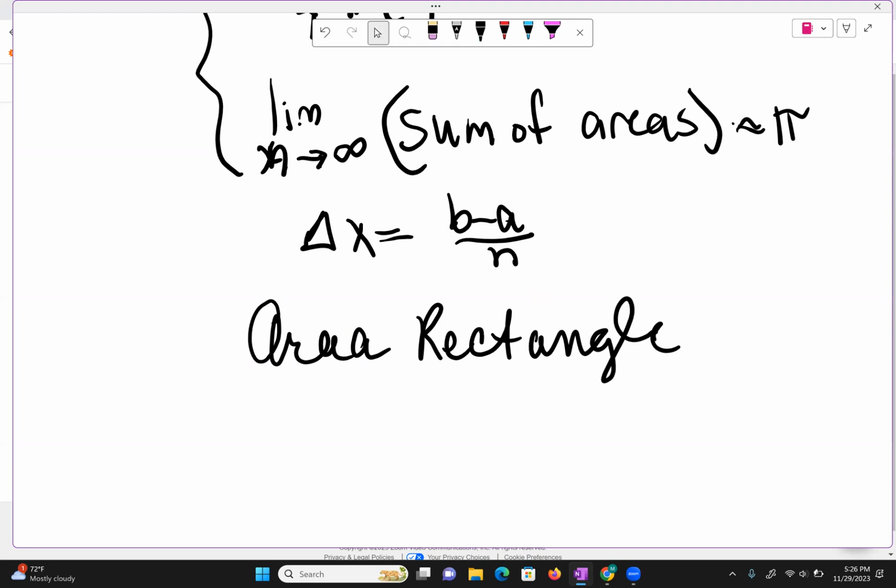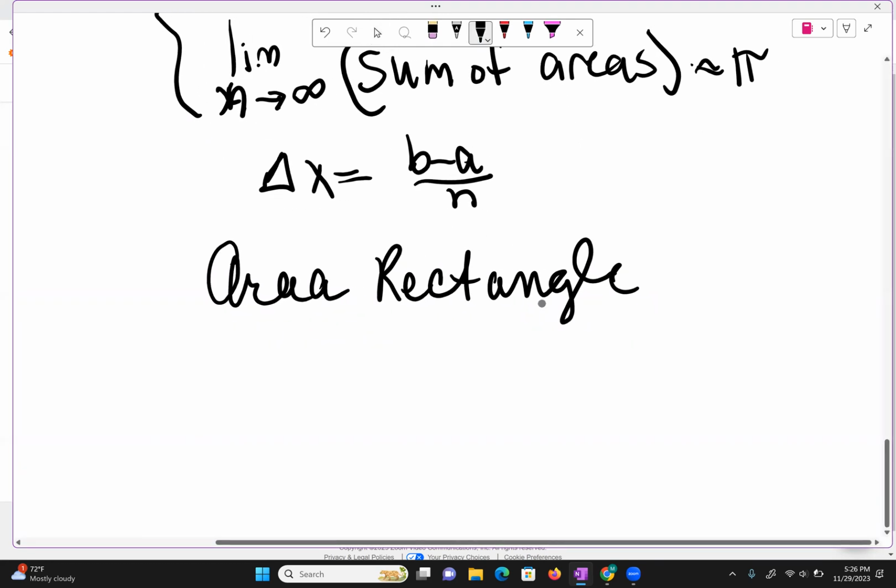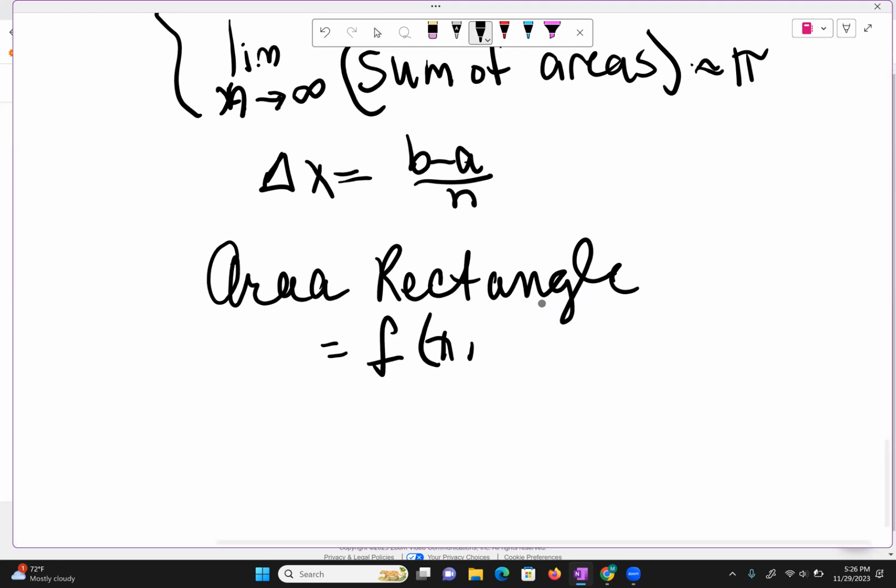So looking at the area here, the area of the rectangle, we are getting that is equal to the sum of f of xi times delta x.